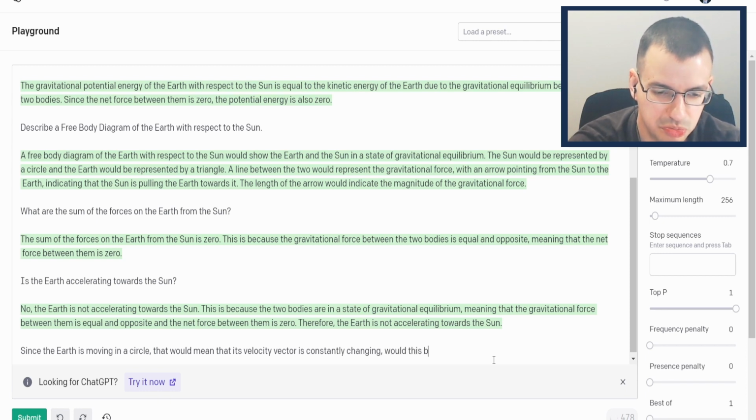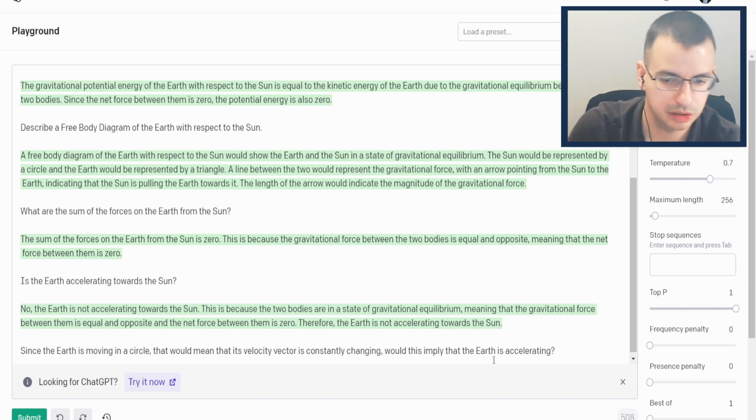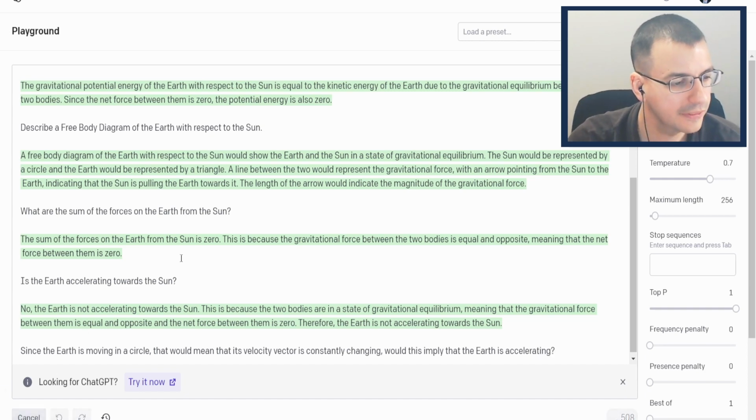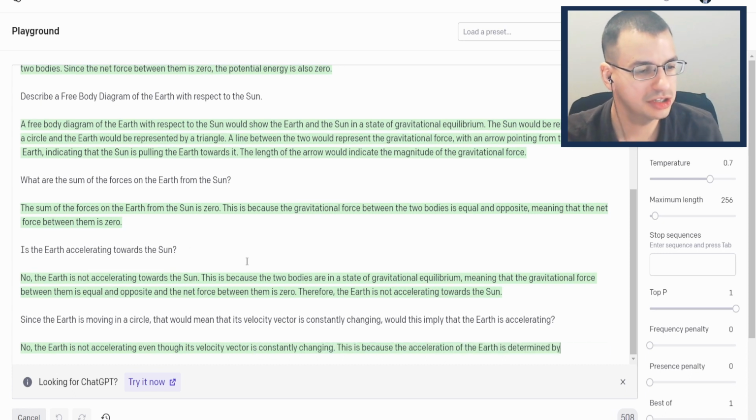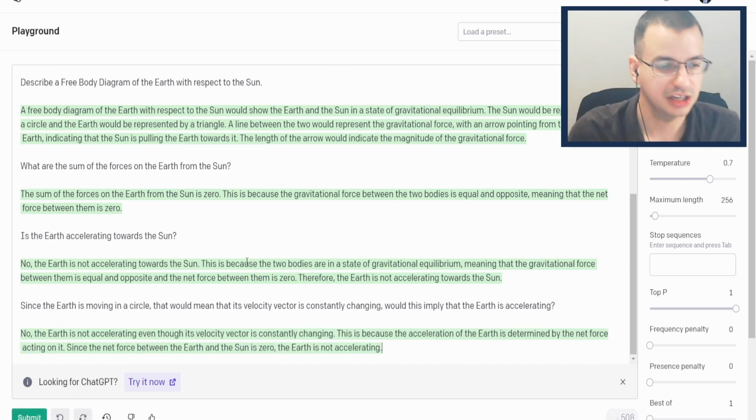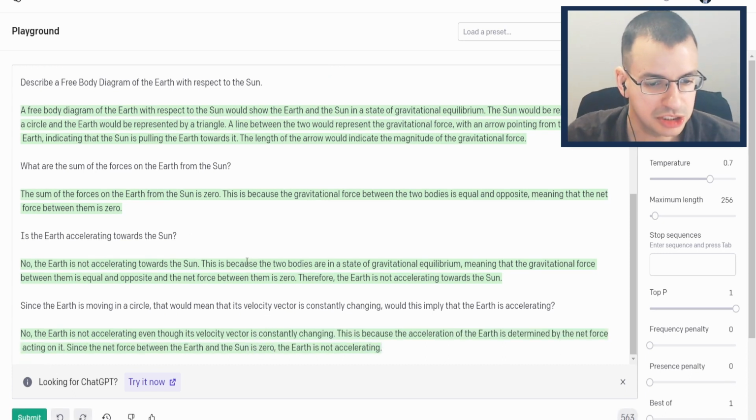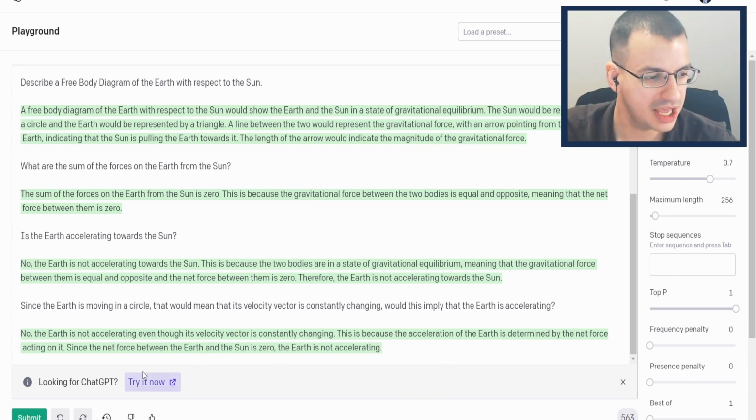Would this imply that the Earth is accelerating? No, the Earth is not accelerating since the velocity vector is constant. This is because the acceleration of the Earth is determined by the net force acting on it, and the net force on the Earth is 0.